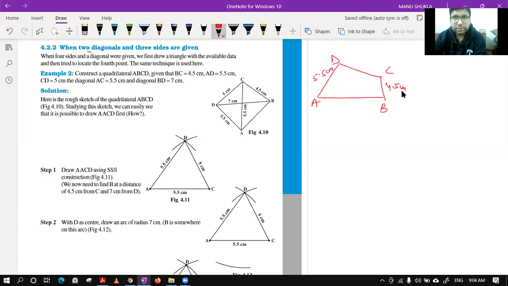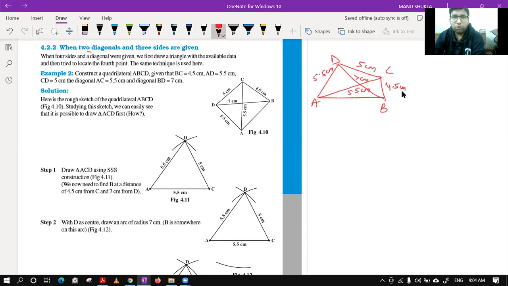Then they are saying CD is 5 centimeters, AC is 5.5 centimeters. Yes, all five things are given. And BD is given as 7 centimeters.